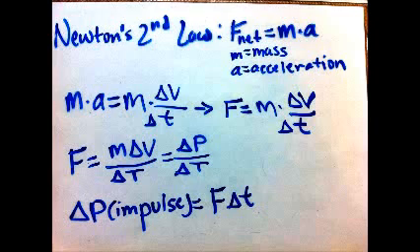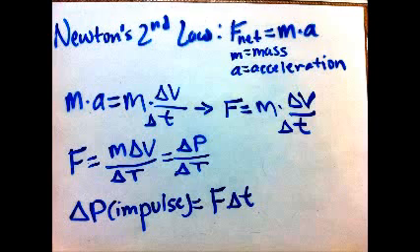And we know that mass times the change in velocity is equal to the change in momentum, and we can just say that the force is equal to the change in momentum over the change in time. And if we isolate the change in momentum, aka impulse, we get that impulse is equal to force times the change in time.